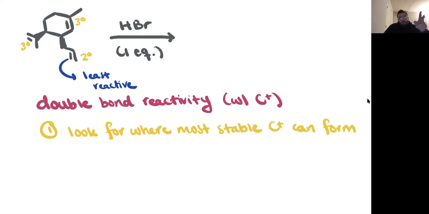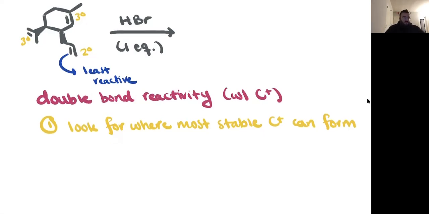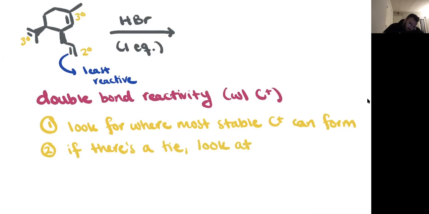Okay, then we have our two tertiaries, and if we see that there's a tie, the next thing we want to go and look at is the number of substituents. And the rule for that is more substituents is less reactive.